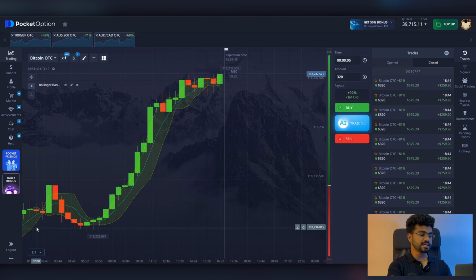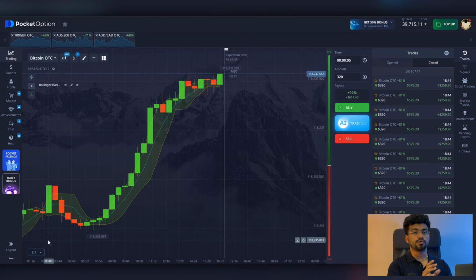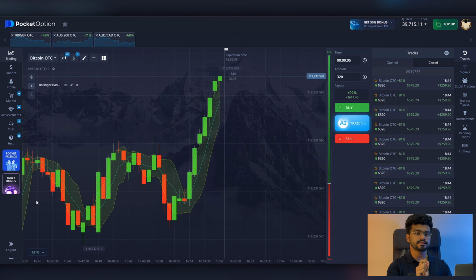So before we take any trade, we always start by analyzing the price trend of an asset so that you have a very good idea of what you are going to do and what you are going to expect from this asset. So always start with a bigger time frame and then drop down to a smaller one to find the perfect entry point for your trading.